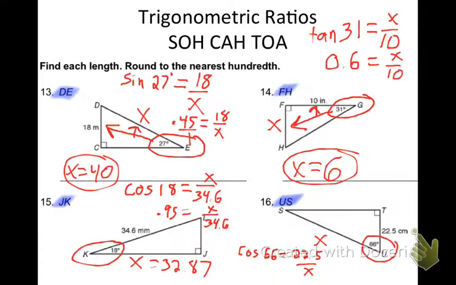And then I solve for x. What is the cosine of 66? So I have 0.41 equals 22.5 over x. So I'm going to take 22.5 and divide it by 0.41 here.